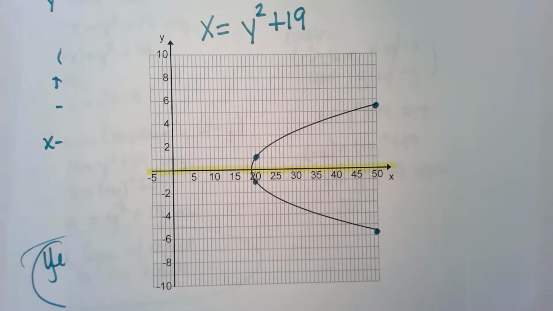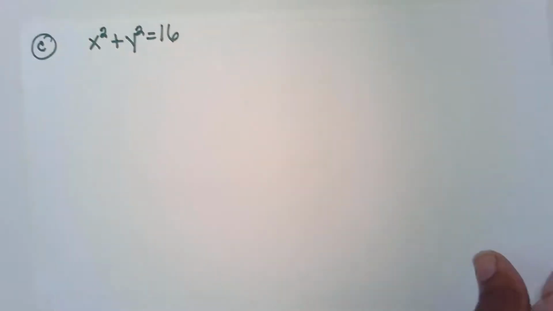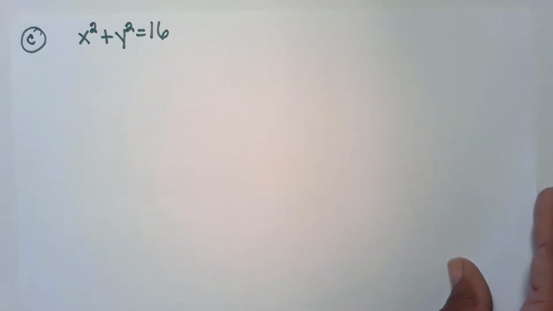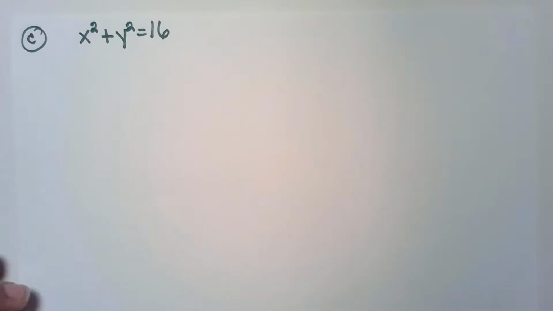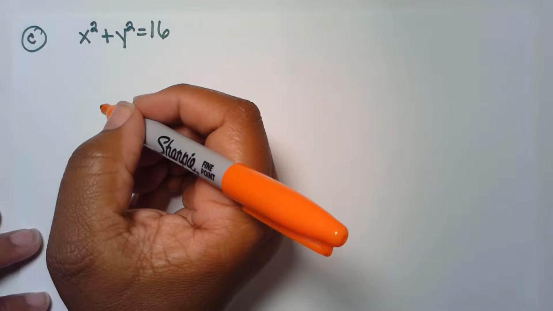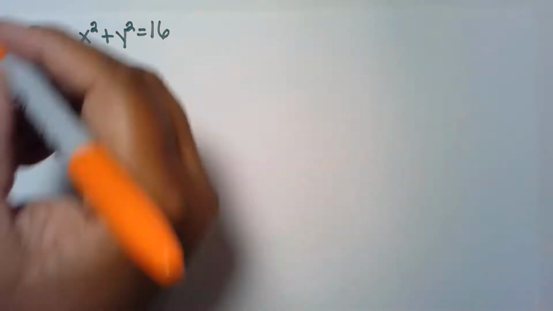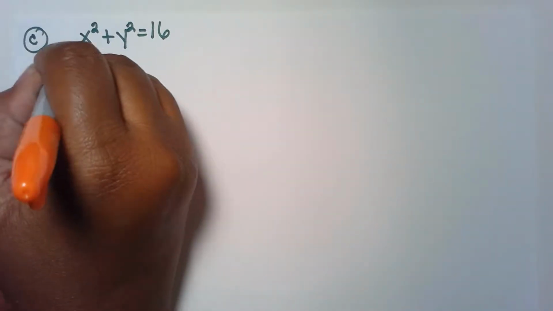Let's do another example. We have here x squared plus y squared equals 16. And let's do each symmetry check. First one, starting with the y-axis.